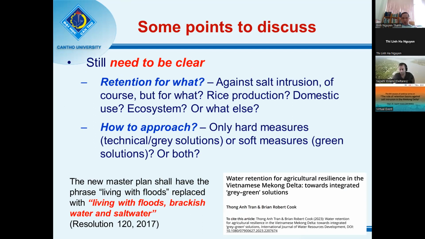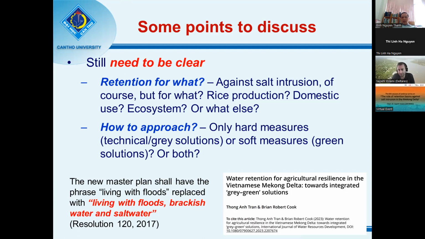How to approach it? Also, another question I want to discuss here: only hard measures, as you mentioned, technical solutions, or another approach, what they call gray solution, or soft measure, green solution, or both. We should discuss water retention in these two key questions.